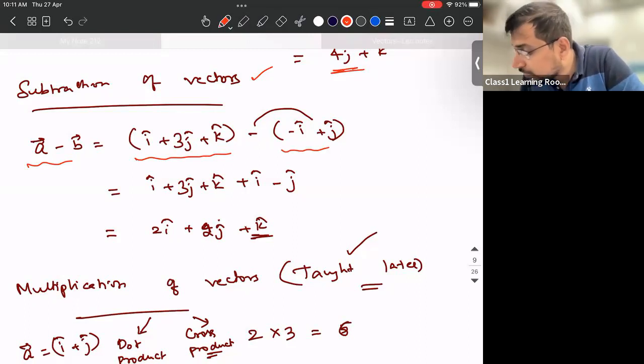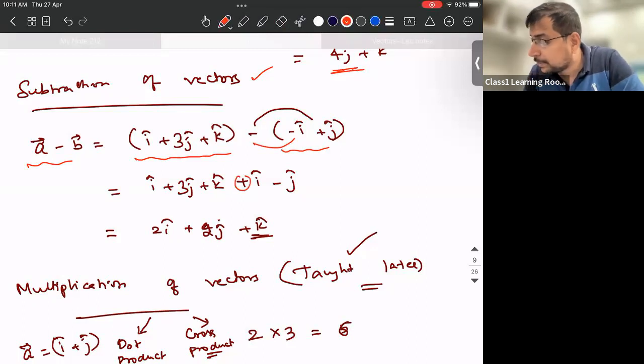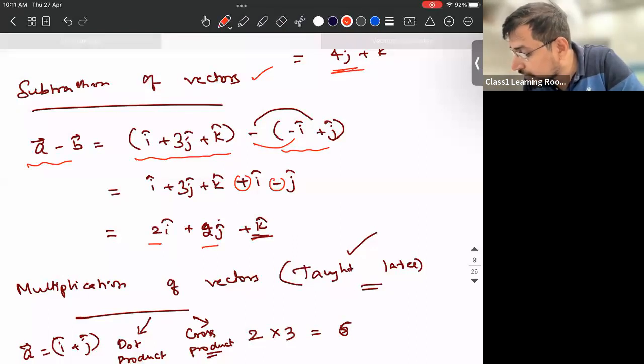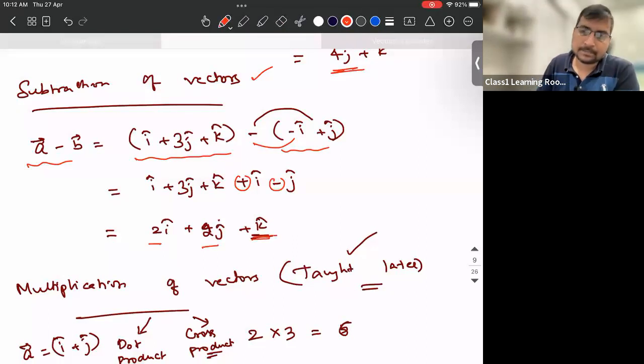So minus of minus i cap is going to give us plus i cap, and minus into plus is going to give us minus. So what is going to be the answer? 2i cap plus 2j cap plus k cap. Right? Simple, no?